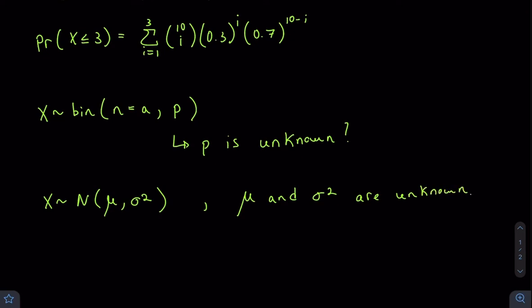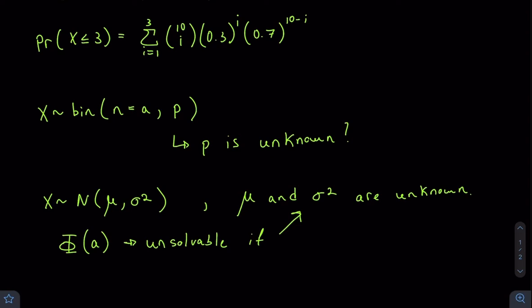And so we can't solve any probability like this. We can't solve this. So this is unsolvable if we don't know, or if this occurs, if the mean and the variance are unknown.